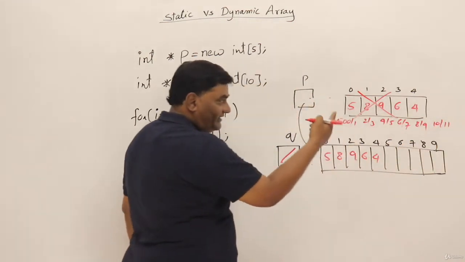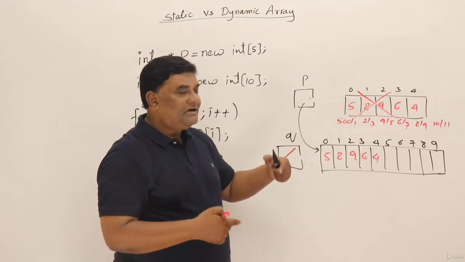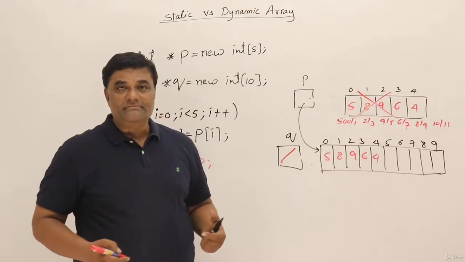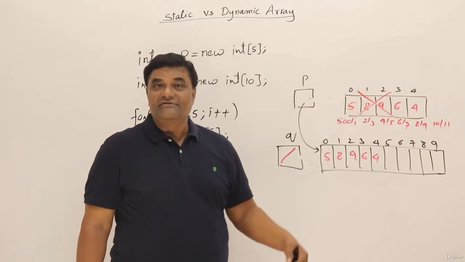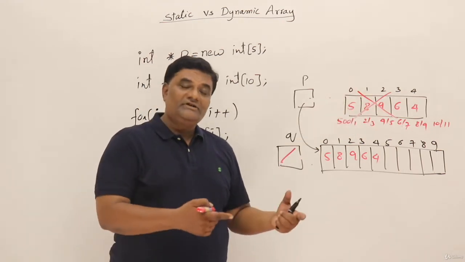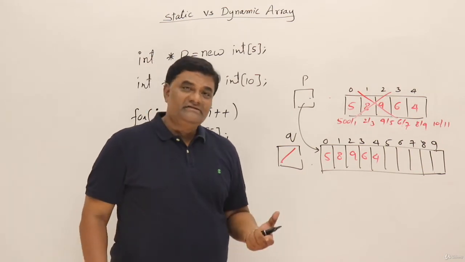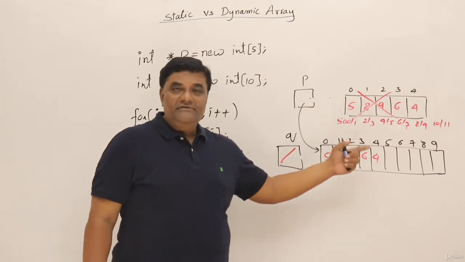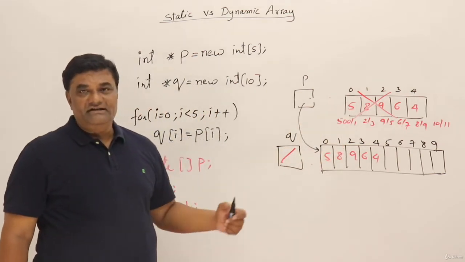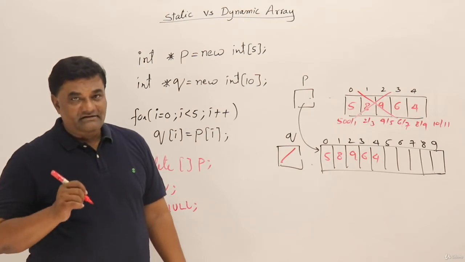Now we don't know whether that location is freely available or not, or it is used by some other object inside the same program. So there is no guarantee that the next consecutive locations are free or not. If the consecutive locations are not free, then the array cannot be increased. That is the reason we say that array size cannot be increased. So rather than that, we will have another larger array and shift the elements. So this is about static and dynamic array.